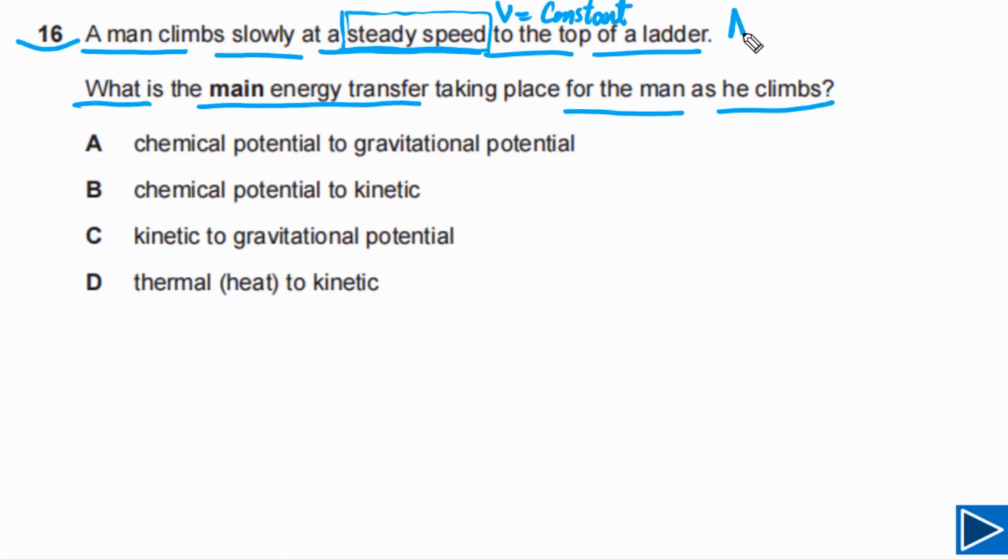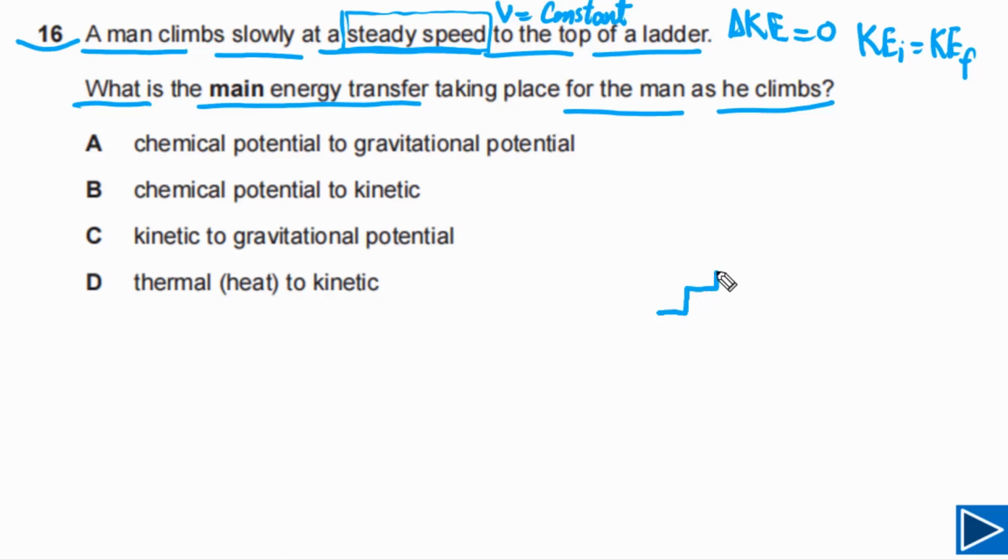If the speed is constant, the change in kinetic energy is equal to 0. It simply means that kinetic energy initial is equal to kinetic energy final, meaning no change in kinetic energy.